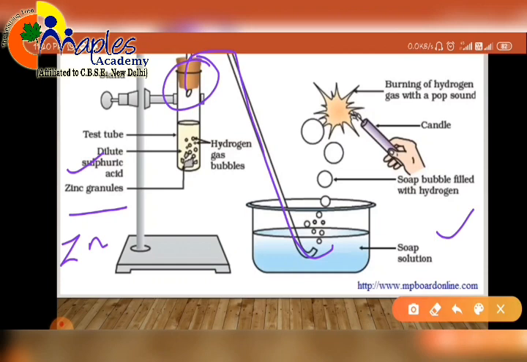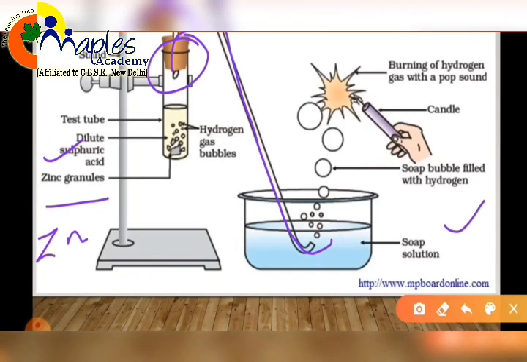To check for hydrogen gas, we bring a burning candle near the hydrogen gas bubble. As we know, hydrogen burns with a pop sound. The hydrogen gas will give a pop sound when it comes in contact with the burning candle.